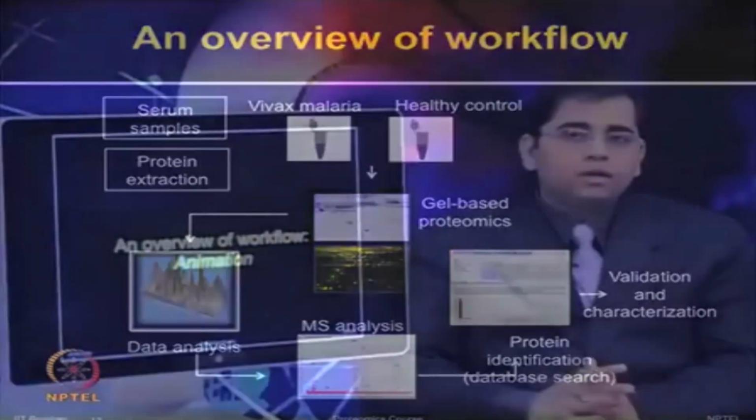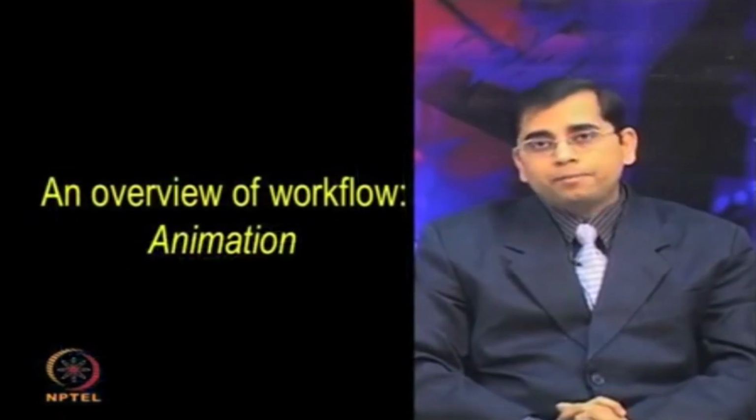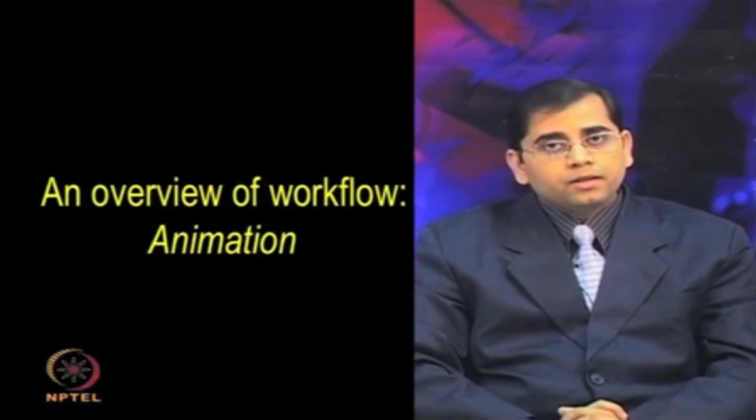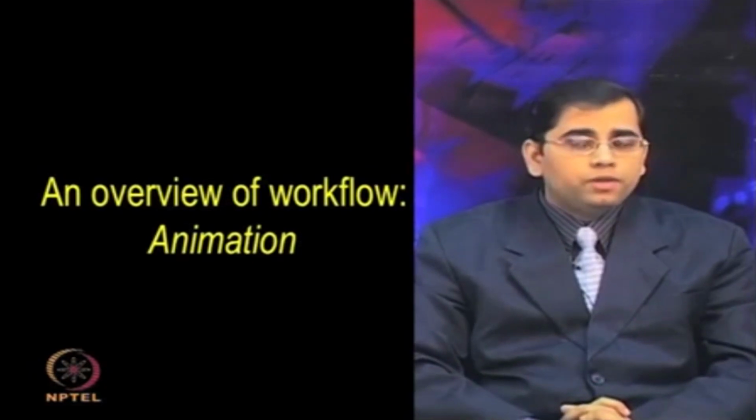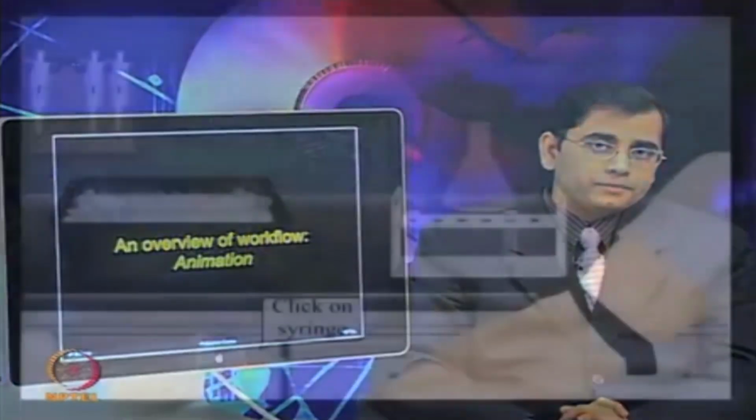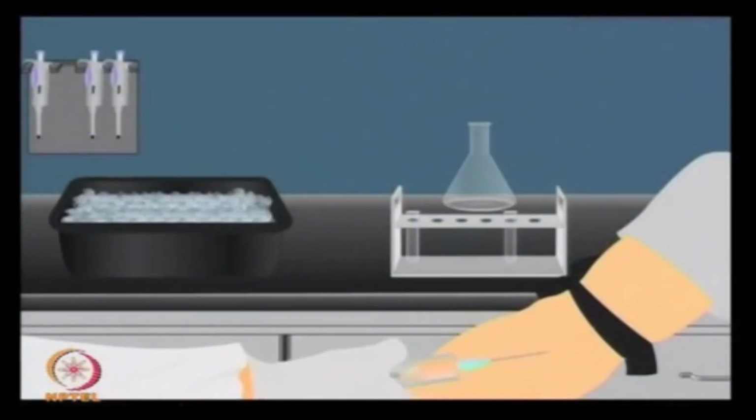disease. Before we move to details of various experiments performed in this study, let me show you this animation to give you an overview of the workflow followed in this experiment. Let me give you an overview of all the steps involved in performing such an experiment.